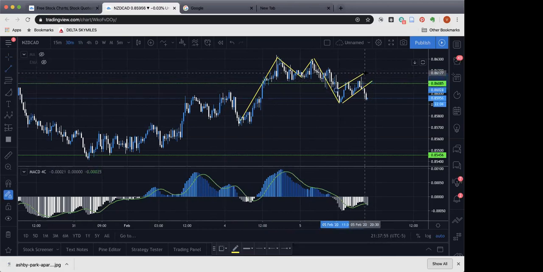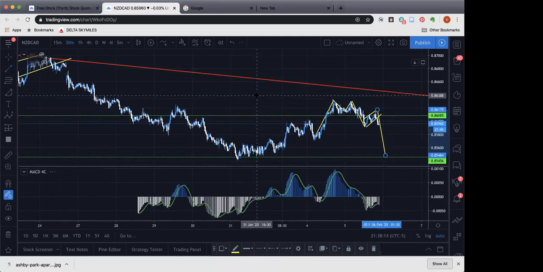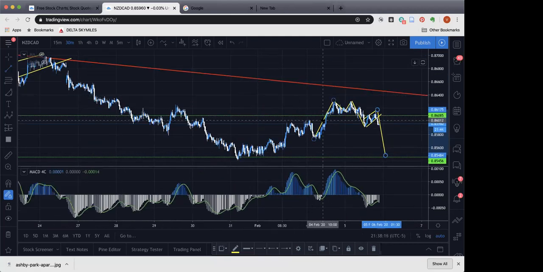Nice little flag right there to break down. See how easy that is? Everybody see that? Yeah, I'm seeing it.